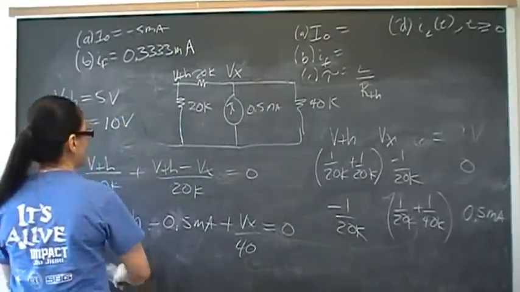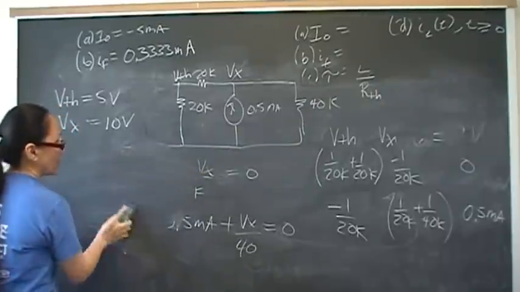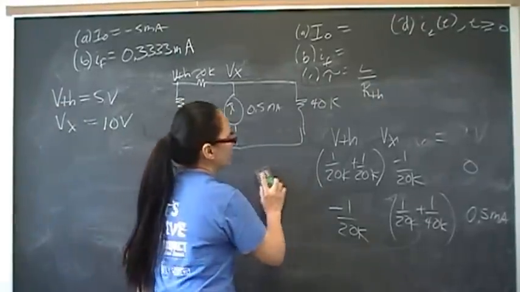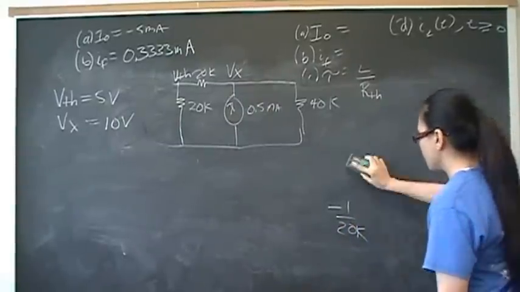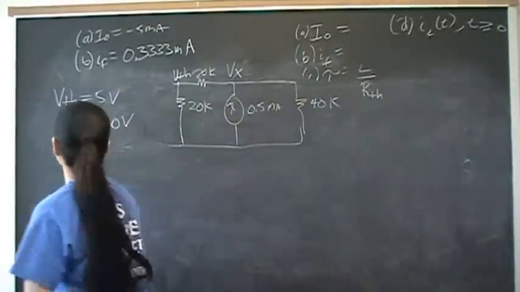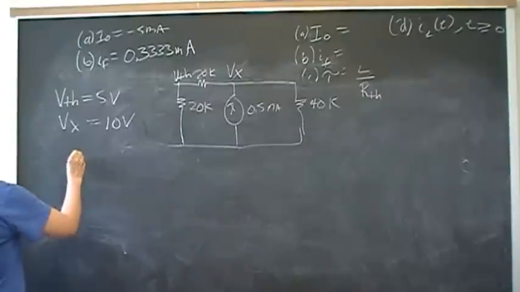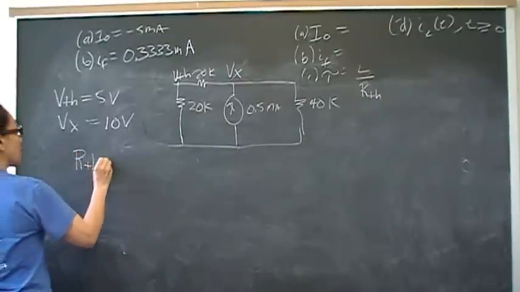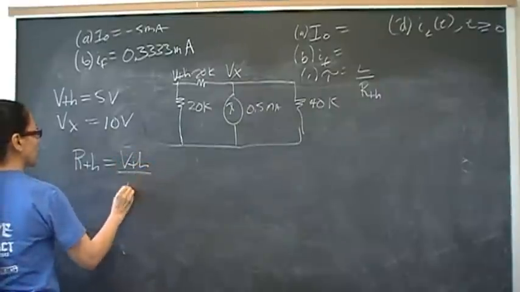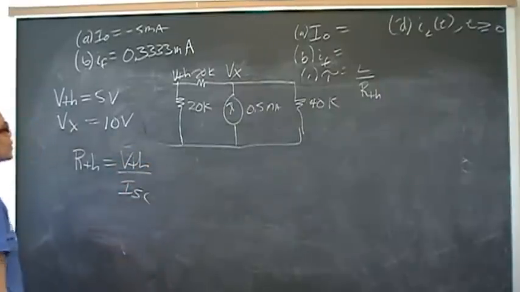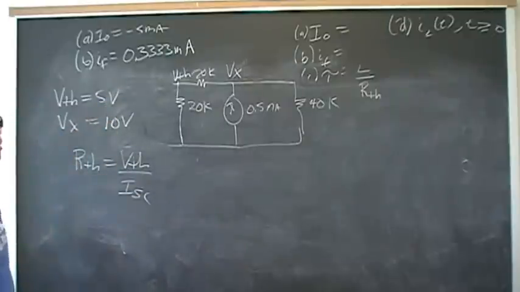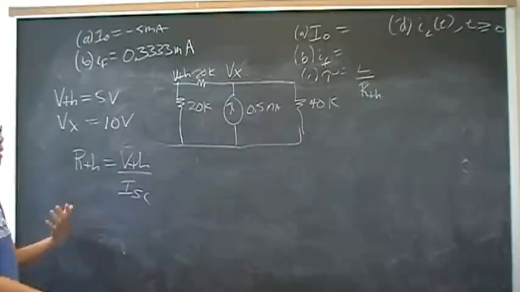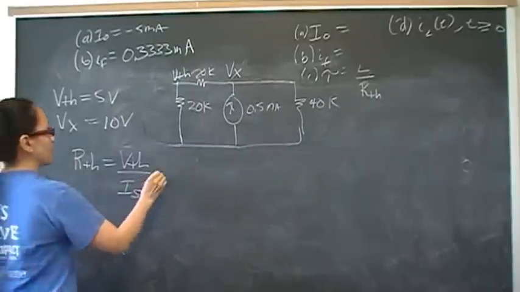Now we needed V Thevenin because we were looking for R Thevenin, and we can't directly know what it is. The way we find it is by using its definition: R Thevenin is V Thevenin over I short circuit. I short circuit is the short circuit current going through the inductor when the switch is closed, and that's going to be I final, because after the switch closes for a while, that's the current going through it.